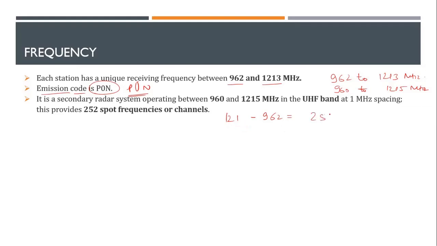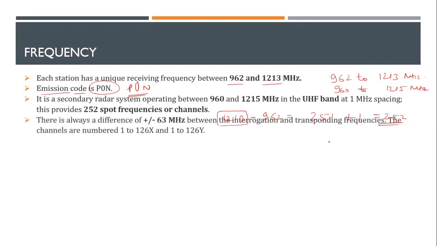Yes, 251 plus the first one. Sorry, you forgot. I forgot one digit to add here. What I was saying is that you have to use 1213 as well. So you get one more frequency. So you have 252 channels available in this.